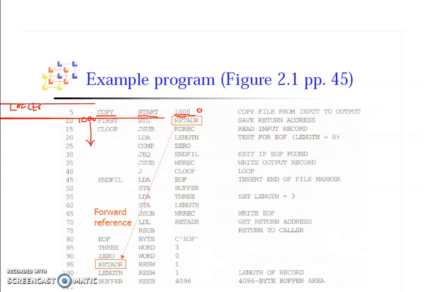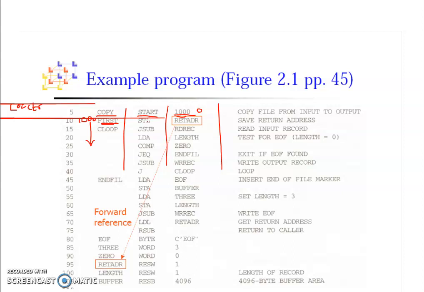The location counter helps in maintaining the addresses of each instruction. Then first is the label. This column indicates the label, this column indicates the opcode, and this one will be the operand. If there is any label, it means that these labels will be assigned with some address value.